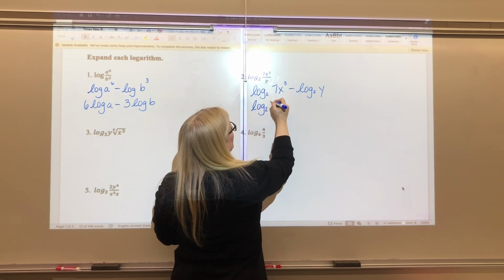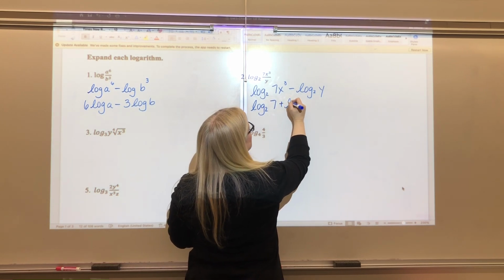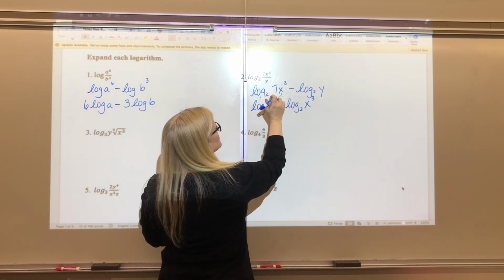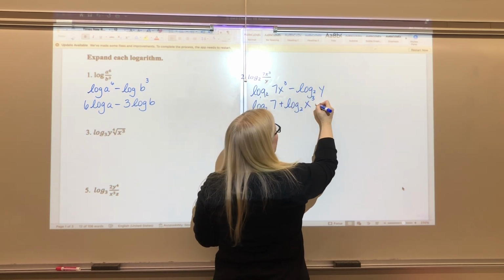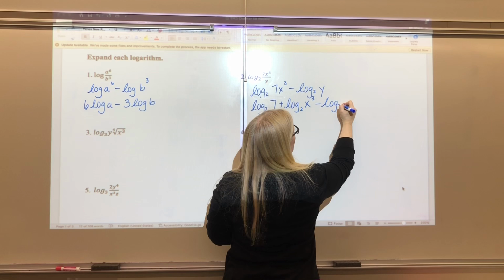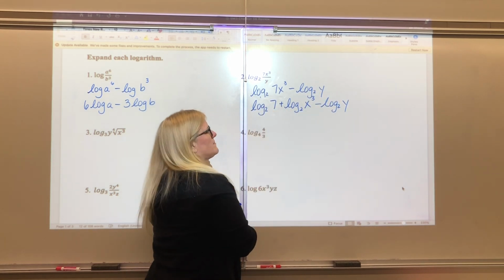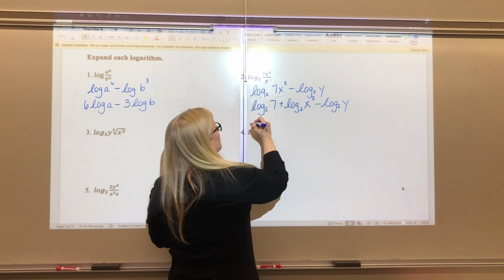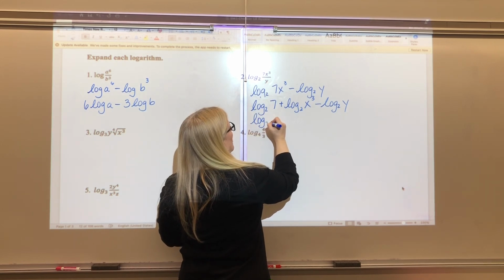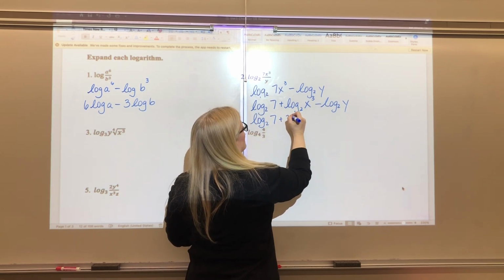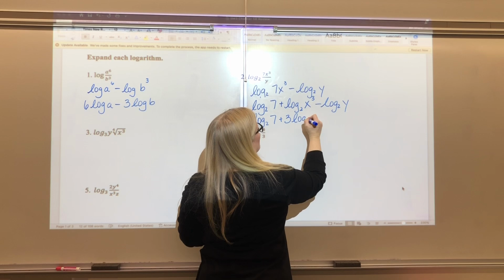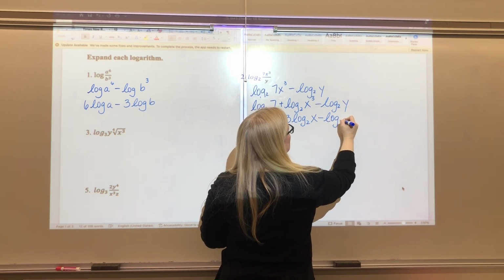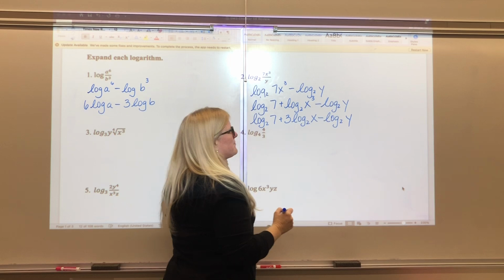Log base 2 of 7 plus log base 2 of x to the third. That takes care of this one. And then I've got this one left over, and there's nothing more I can do with that one. And then I've got this exponent, I'm going to bring that out in the front. So log base 2 of 7 plus 3 log base 2 of x minus log base 2 of y.